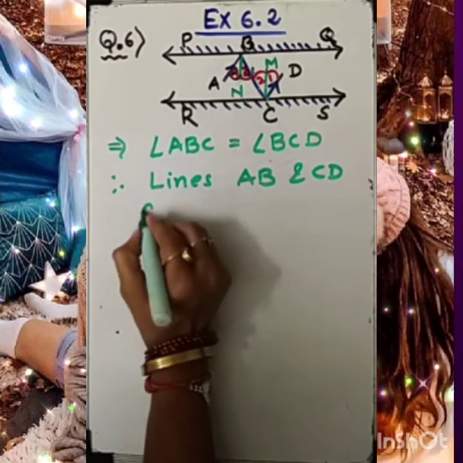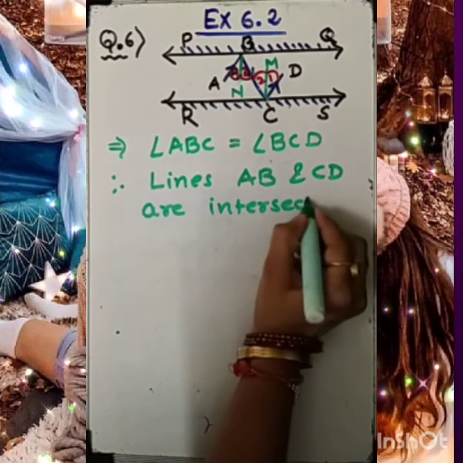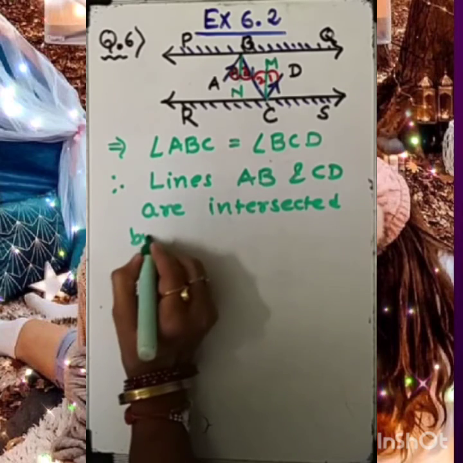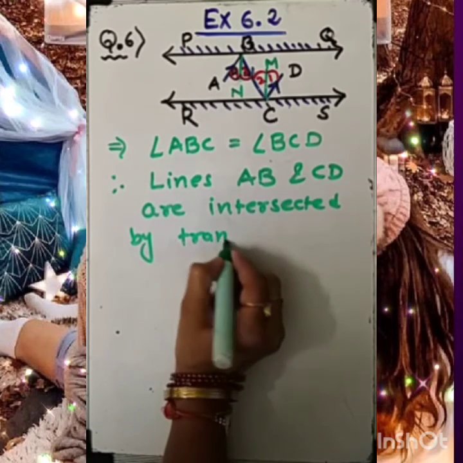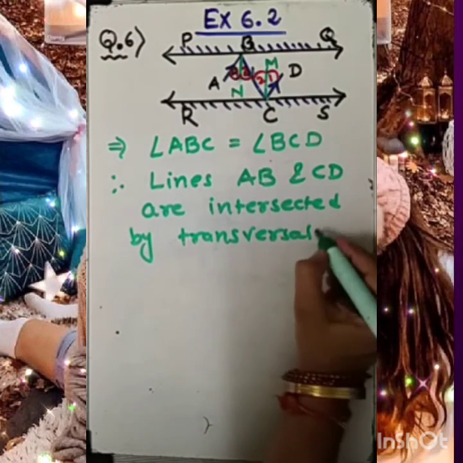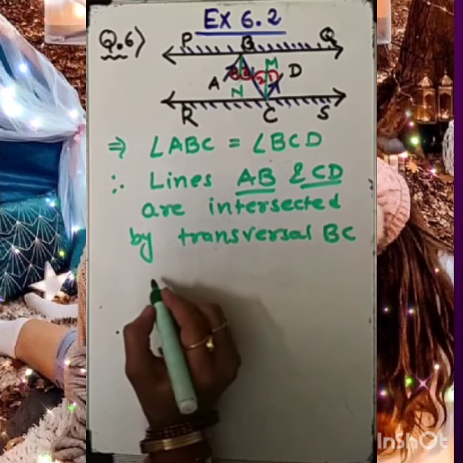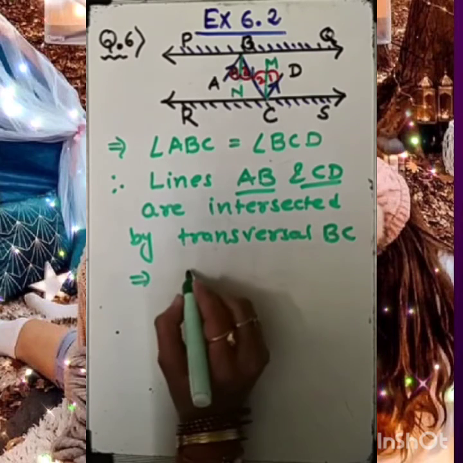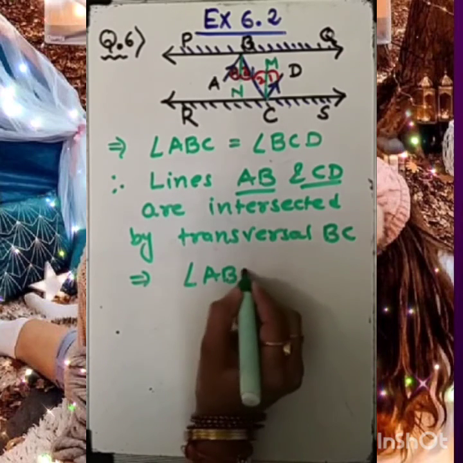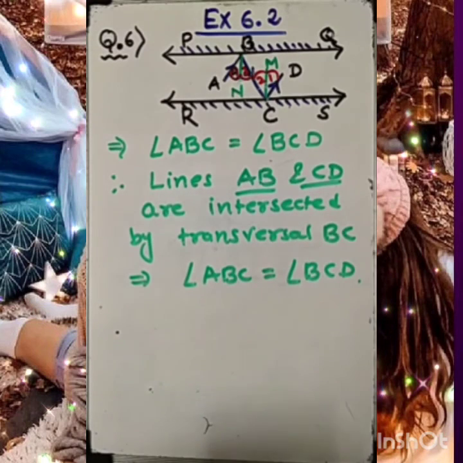are intersected by the transversal BC, that we need to prove according to the question. BC is the transversal of these two lines AB and CD. Therefore, angle ABC is equal to angle BCD, right?